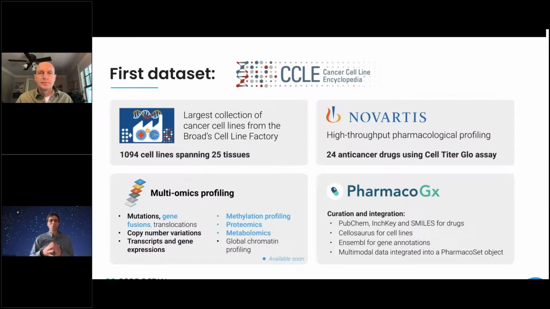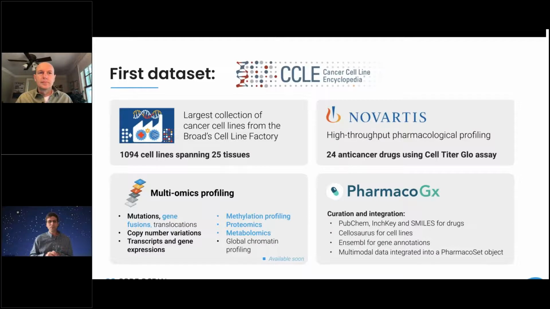And so we are going to discuss today one of those data sets, one of the largest ones. It's called the Cancer Cell Line Encyclopedia. It's a collection of over 1,000 cell lines from the Broad Cell Line Factory. They basically teamed up with Novartis, who did a lot of drug screening on this very large panel of cell lines.